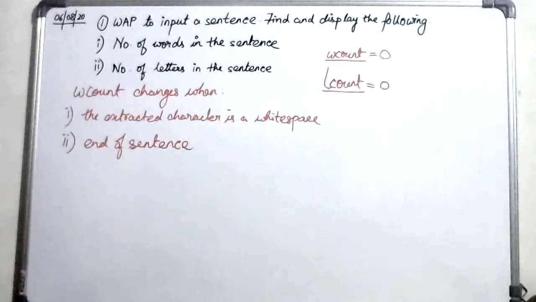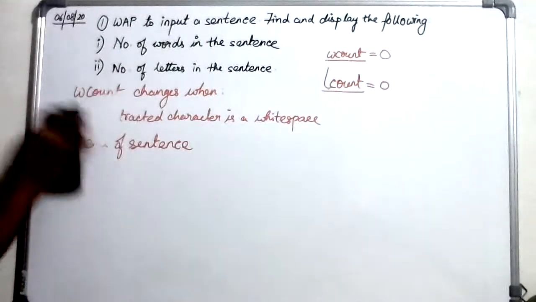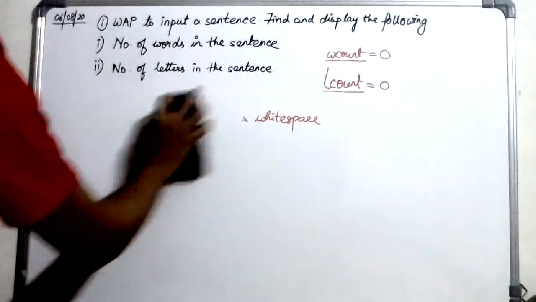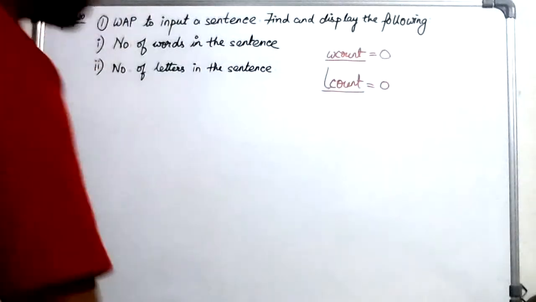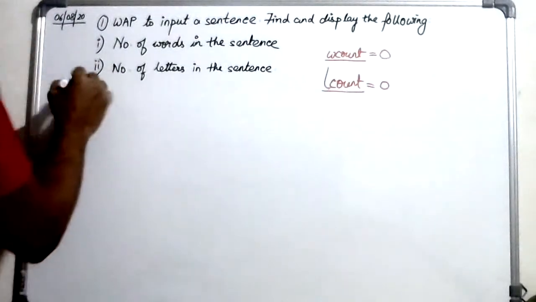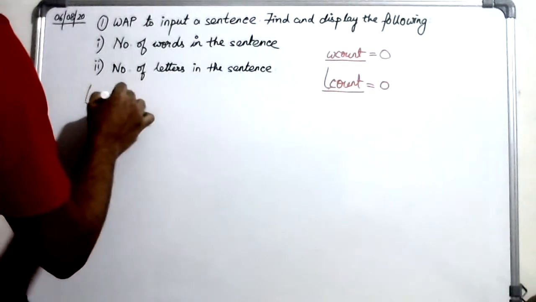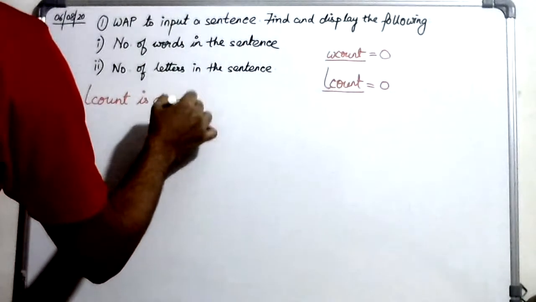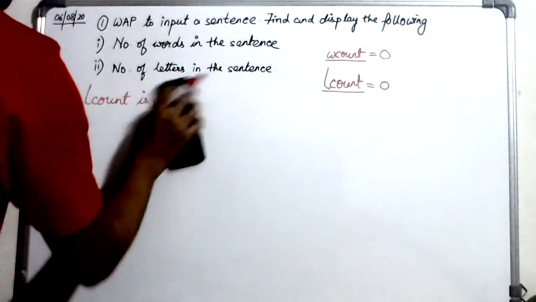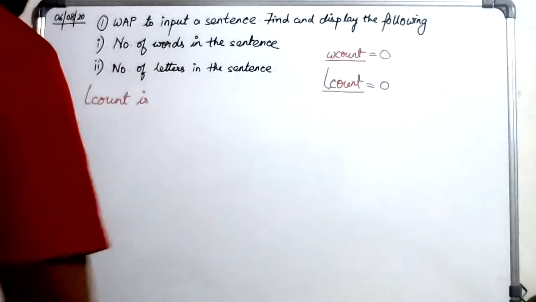And meanwhile, while we are extracting the characters, what will be the condition for the incrementation of the value of L count, which is counting the number of letters? So when will L count be changed? Or rather, we should say it as incremented.